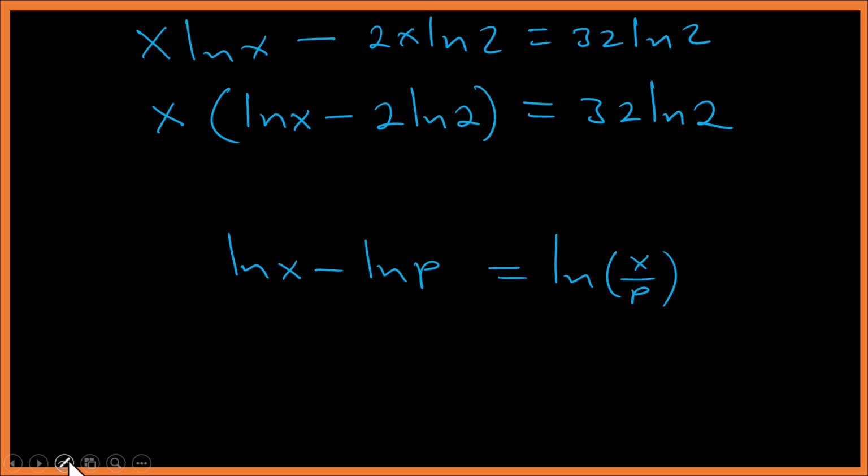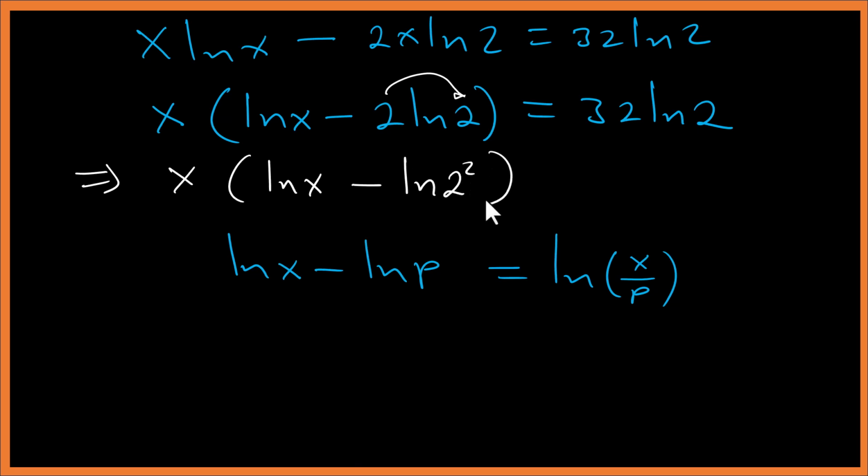This is a powerful rule in logarithm. This one is the quotient rule. So from here, since 2 ln of 2 becomes ln of 2 squared, we have x ln of x minus ln of 2 squared equals 32 ln of 2.